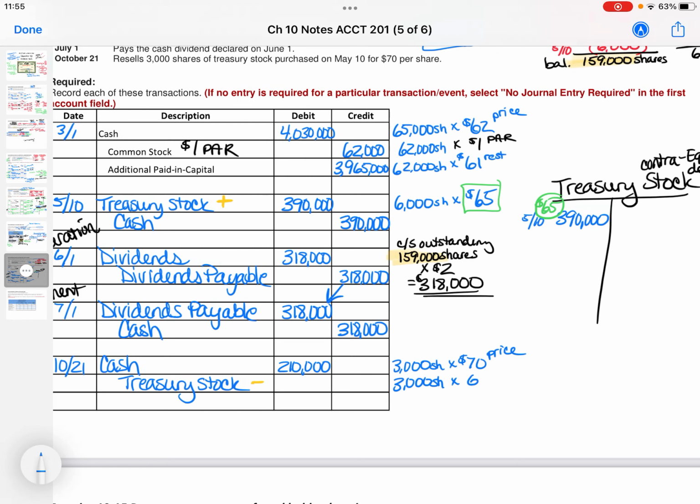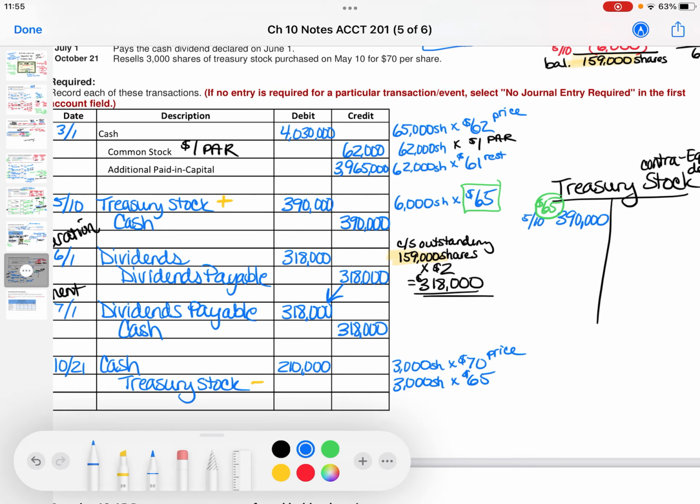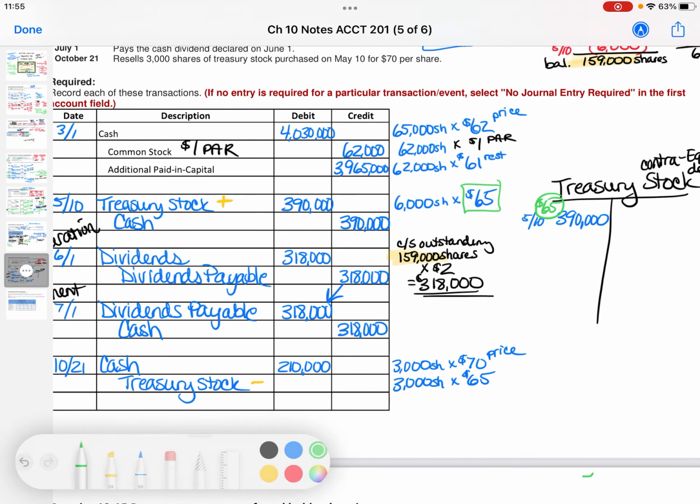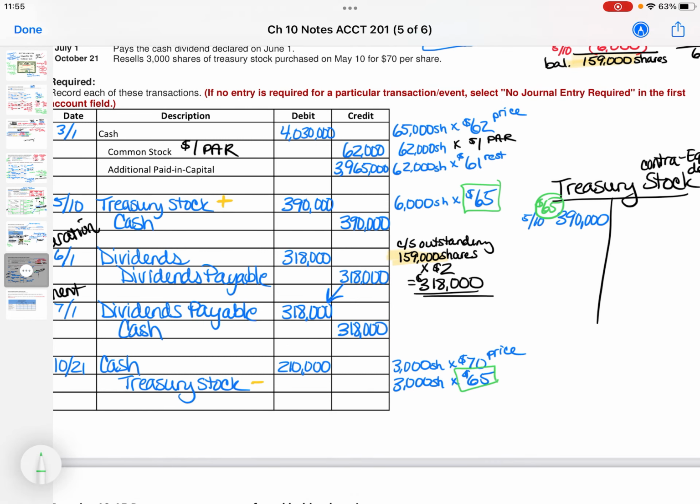I have to multiply it by the amount that I originally bought it for. So my $65. And that total is $195,000.